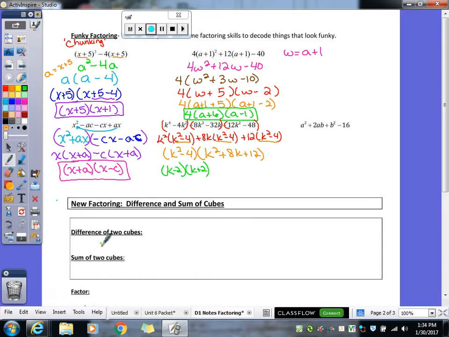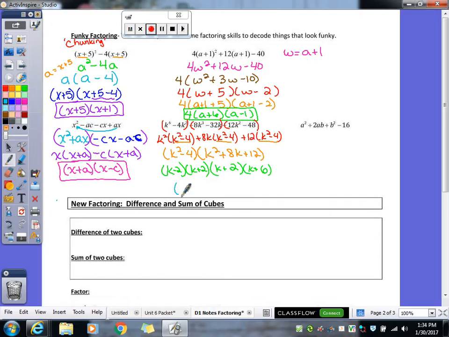Our other one is what kind of factor? Trinomial. Our signs would both be positive. What multiplies to give us 12 and adds to 8? 2 and 6. Now you could leave your answer just like that. Does anybody know the other way we could write our answer though?